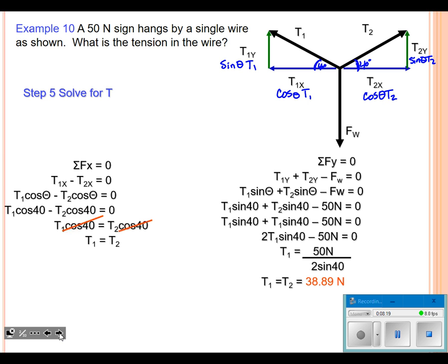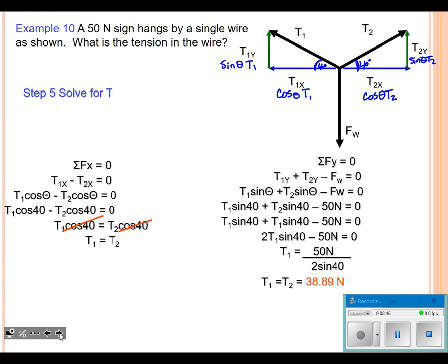So I will tell you when the angles are equal like this, the T1 and the T2 will always be equal to each other if the angles are the same. If the angles are not the same, that is not true. So it's important that you understand how to create this process because the angles are not always going to be the same. I am going to tell you that. But for this example, they were, and so we were able to set up the expressions the way we were.